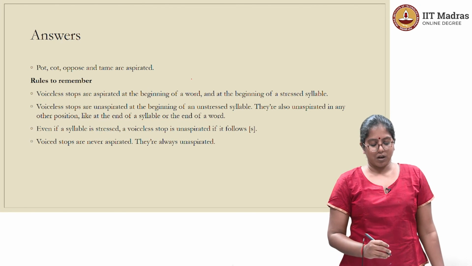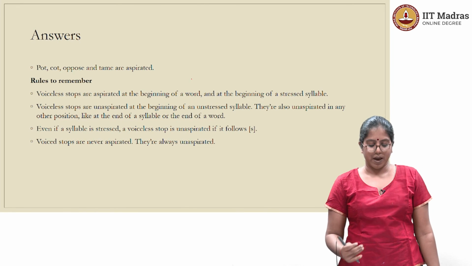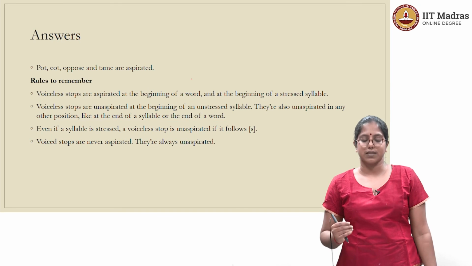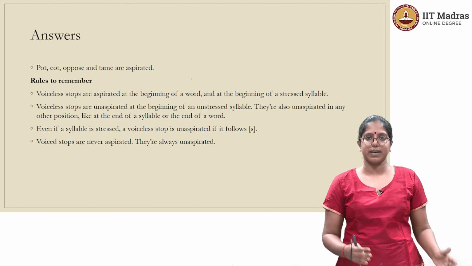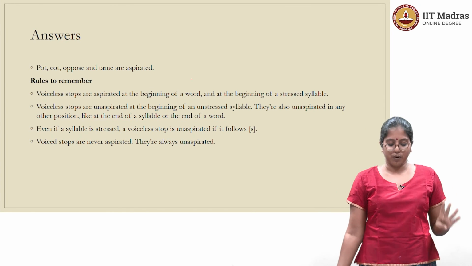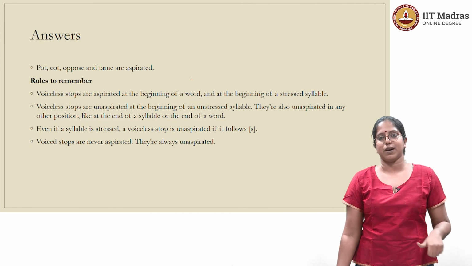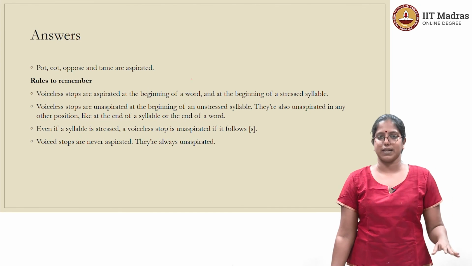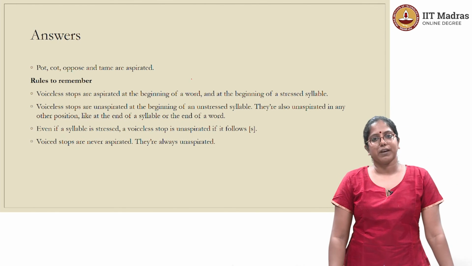The third rule is that voiceless stops are unaspirated at the beginning of an unstressed syllable. They are also unaspirated in any other position, like the end of the word or the end of the syllable. The fourth rule that you need to keep in mind is voiced stops are never aspirated. They are always unaspirated.